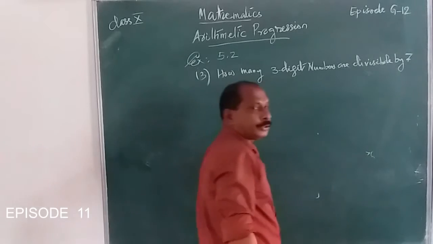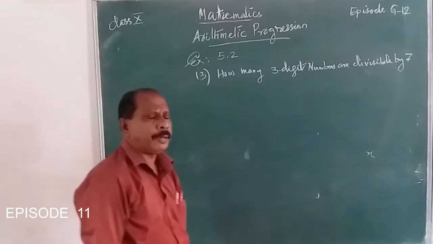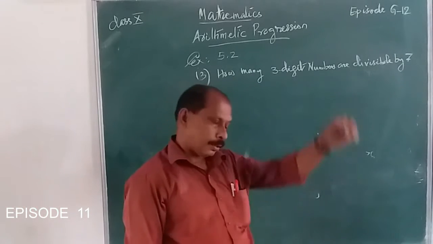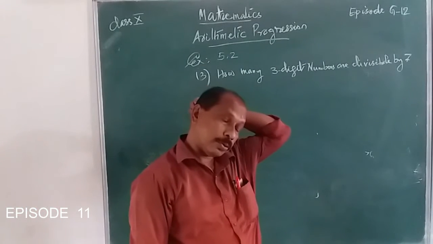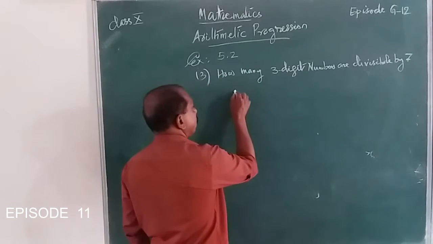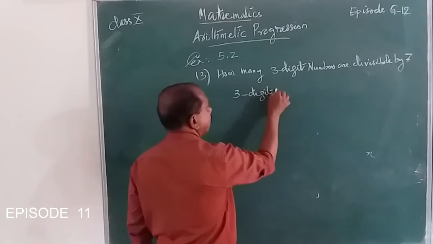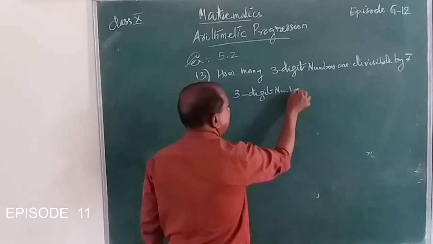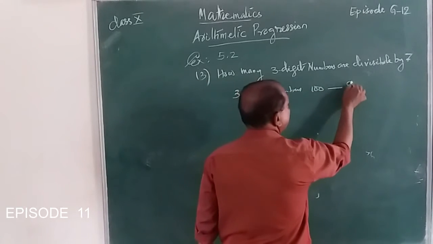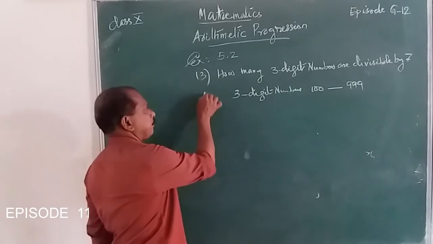This is an important question. What are one-digit numbers? 1 to 9. Two-digit numbers are 10 to 99. Three-digit numbers are 100 to 999. Therefore, the three-digit numbers are 100 to 999. That is the answer.